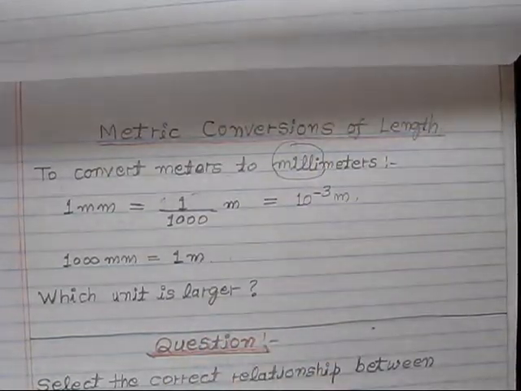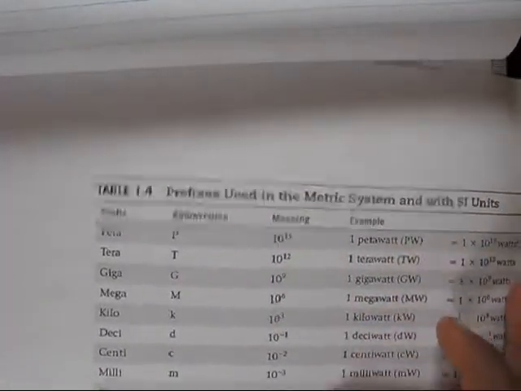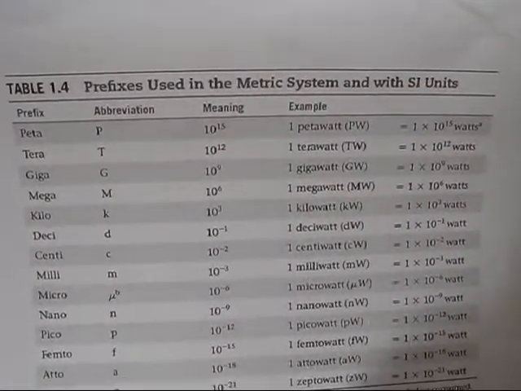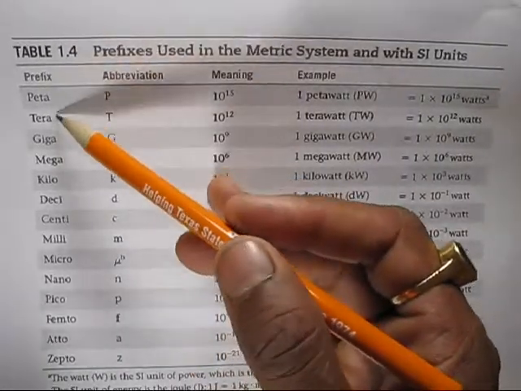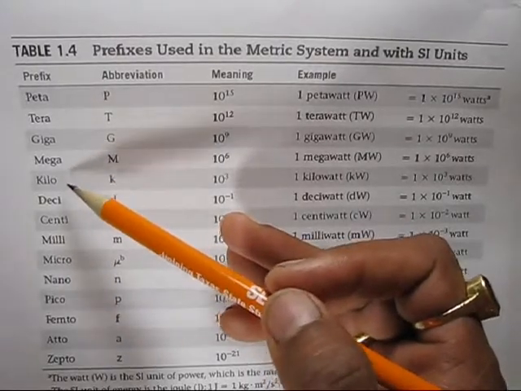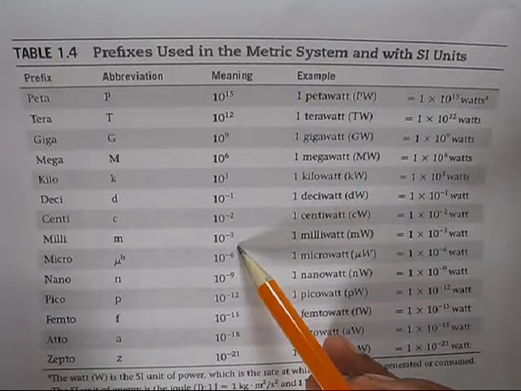For that you have to go through this prefix table in your book. You will see many prefixes written: peta, tera, giga, mega, kilo, deci, centi, milli. So milli is 10 to the power minus 3.